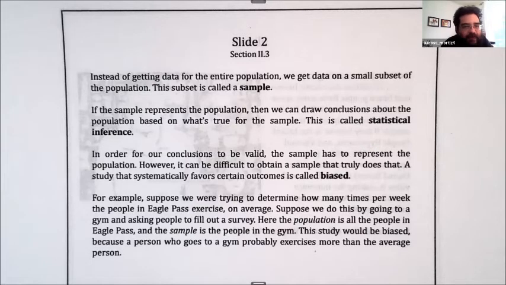Now, of course, this study is a little bit silly. It would be very biased because a person who goes to a gym probably exercises more than the average person. So the sample you're using to study the general population is not actually representing the population. The goal is to get a sample that truly represents the population.